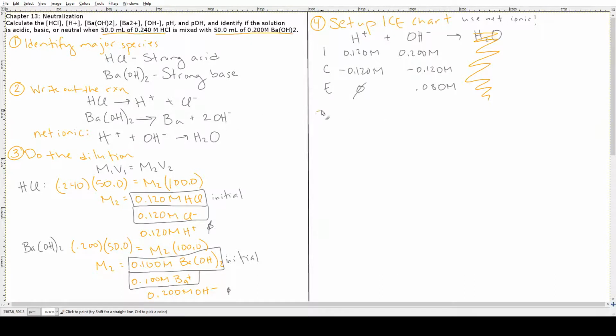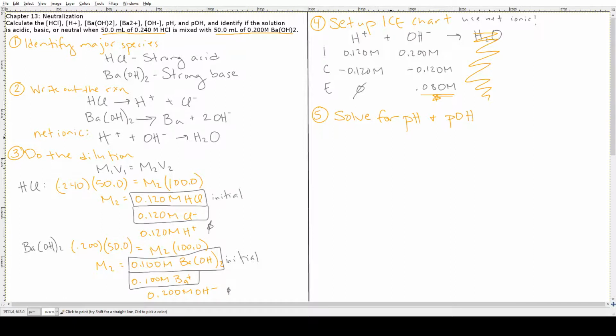Okay, so step 5 then is, well, let's label if it's acidic or basic first. So what is this, acidic or basic? You'd probably be able to predict that it'll be basic because it has leftover hydroxide ions. We'll let pH and pOH determine that for us, though. So solve for pH and pOH.